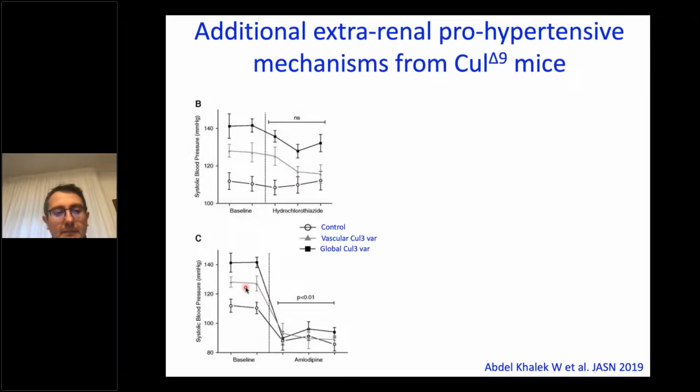An additional mechanism has been proposed for the Cullin 3 form of FHH.